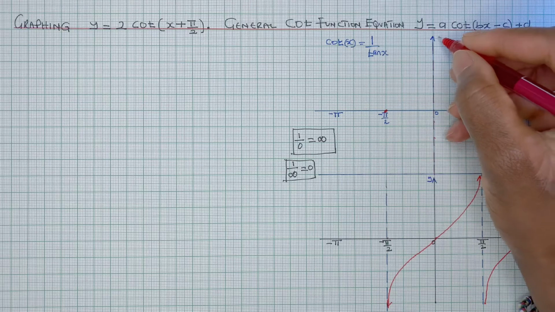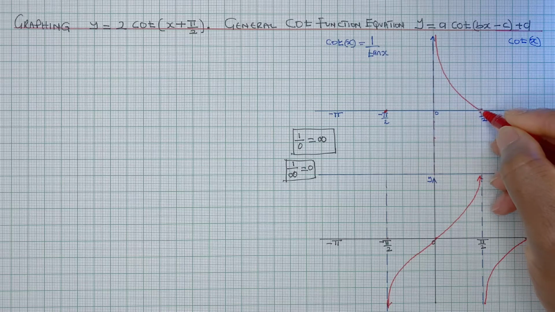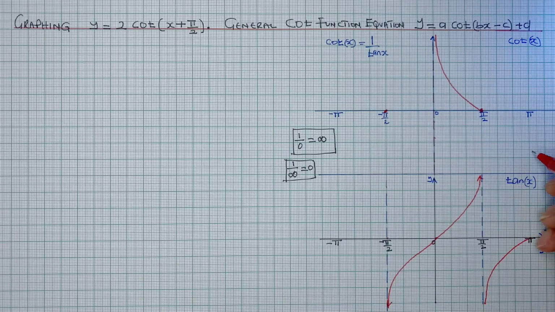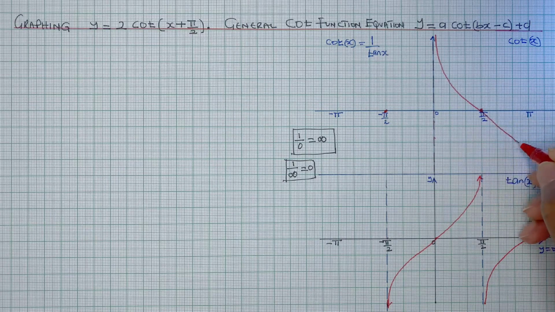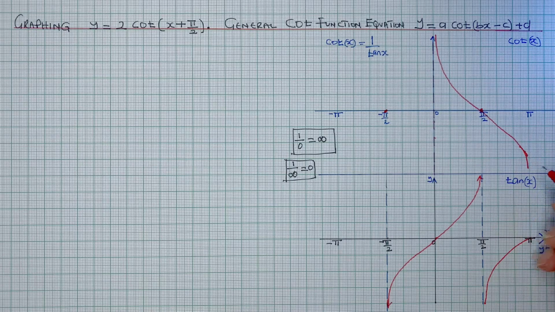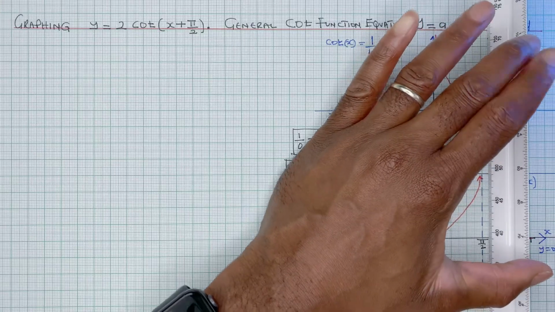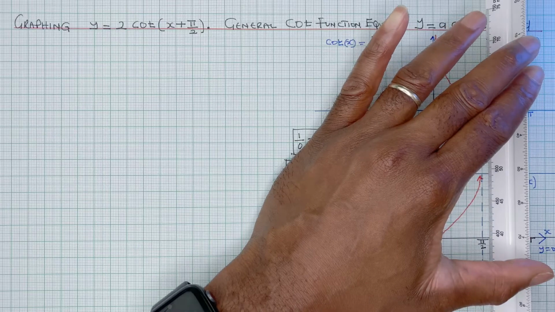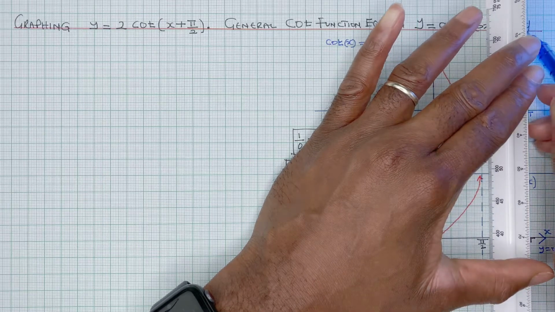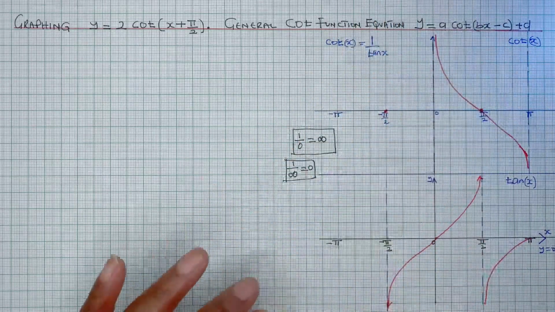So when we draw cotan, it's going to come from infinity all the way to 0 there, and then approach infinity at pi. So pi is the line of asymptote for cotan.